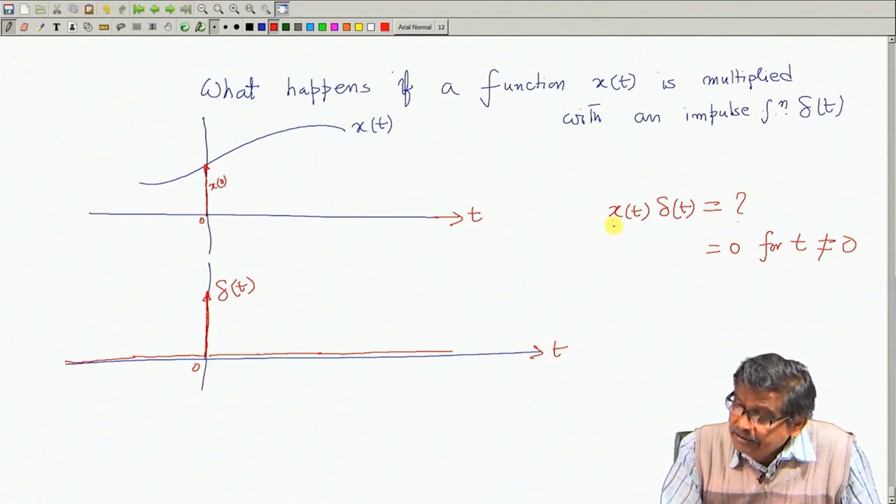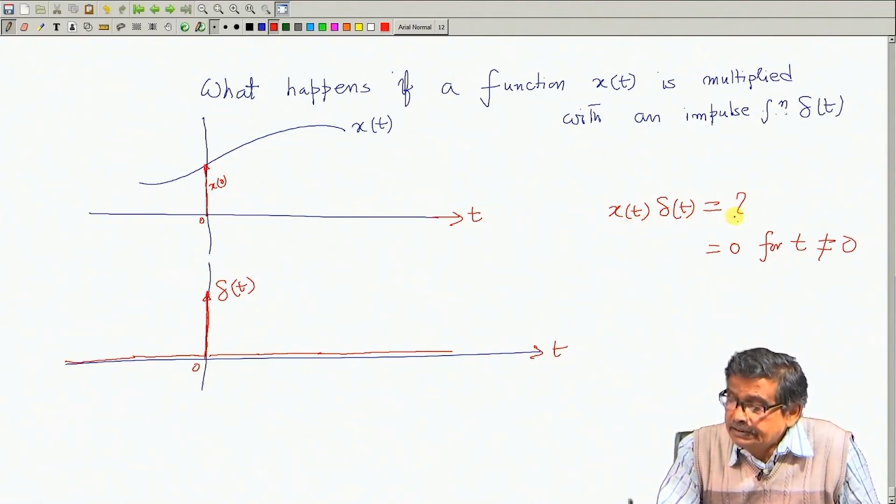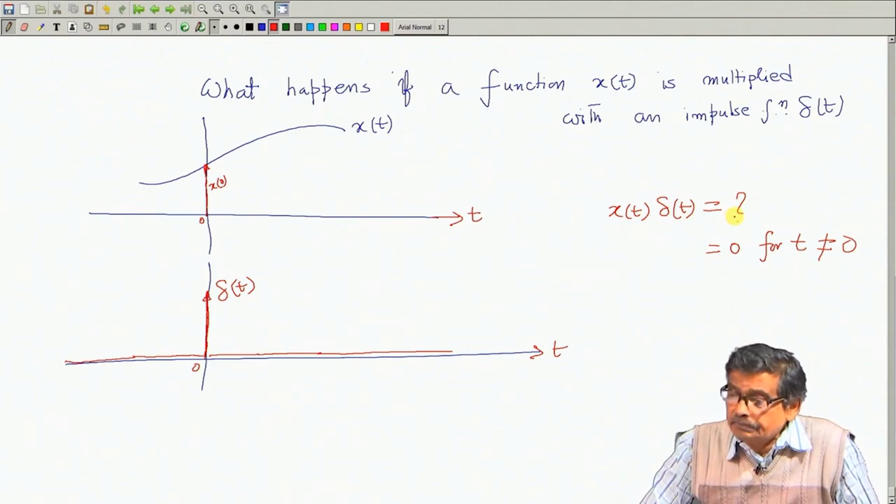Then what is the value of x(t) into delta(t) at t equal to 0?